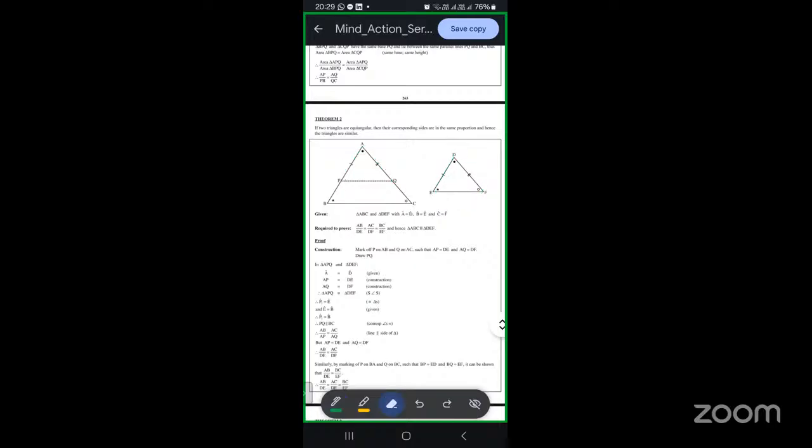Now we can say this angle P1 here is equal to that angle E, reason being the congruent triangles. Okay, we are done with that part.